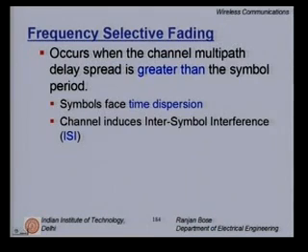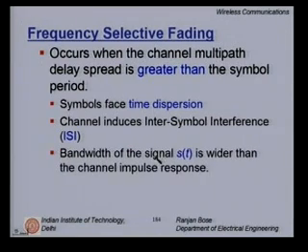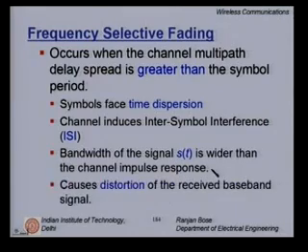The channel will introduce intersymbol interference because now I have a delayed response of several impulses being represented by the h(t). The bandwidth of the signal s(t) is wider than the channel bandwidth H(f), which will be the transfer function. This frequency selective fading causes distortion of the received baseband signal.